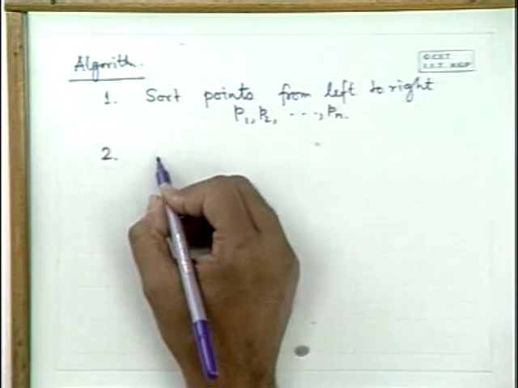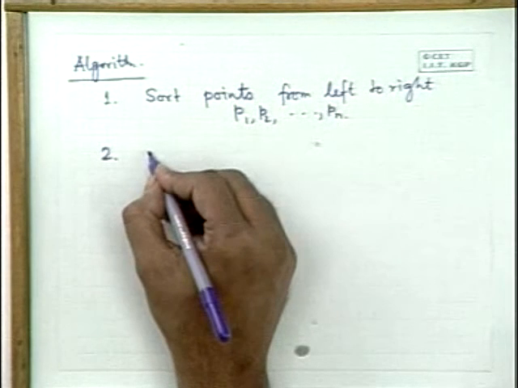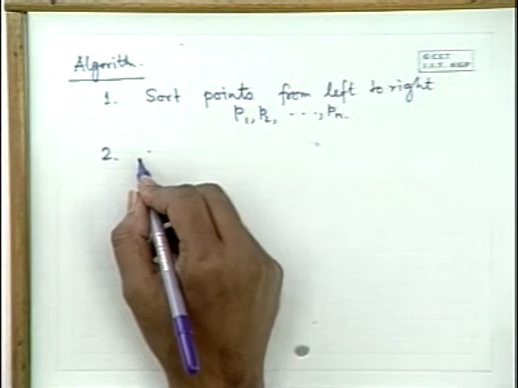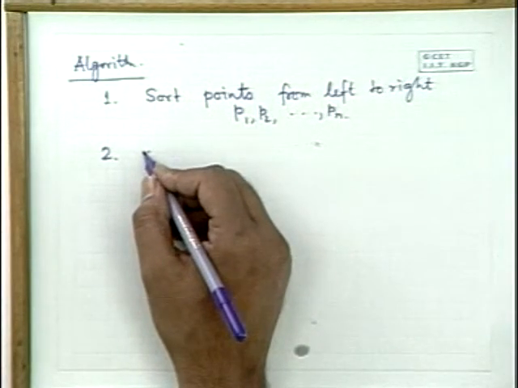Second step: how do you start? I know if there are the first 3 points, the convex hull is nothing but the triangle. So I can compute the first convex hull because we have to iterate. I need to know the convex hull already computed. So for the first 3 points, we compute the convex hull straightforwardly, the triangle itself.